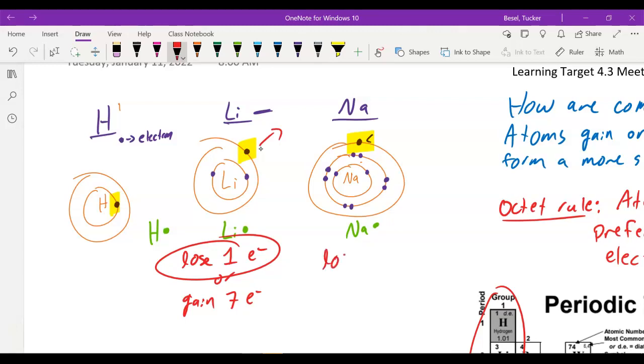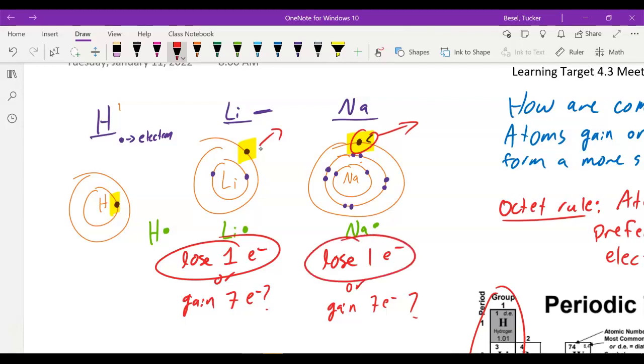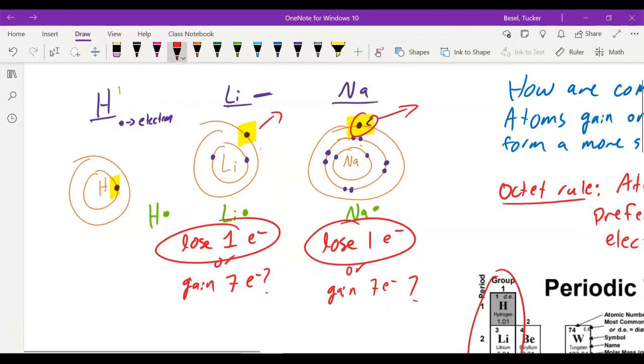It could lose 1 electron, because if this 1 electron went away, then we'd have that full shell that's underneath. Or it could gain 7 electrons. Again, it's going to lose 1 electron because that's a lot easier to do than gaining 7. Whenever we're doing this, you always have to ask yourself, what's easier? Losing this many or gaining this many to have a full shell?